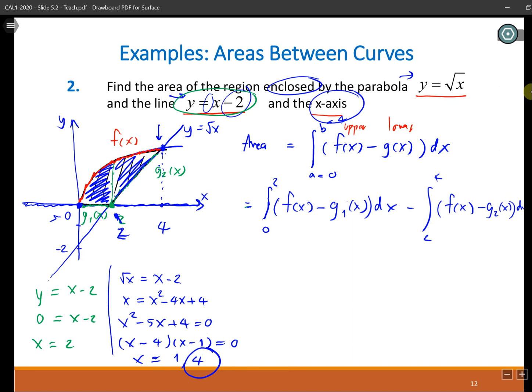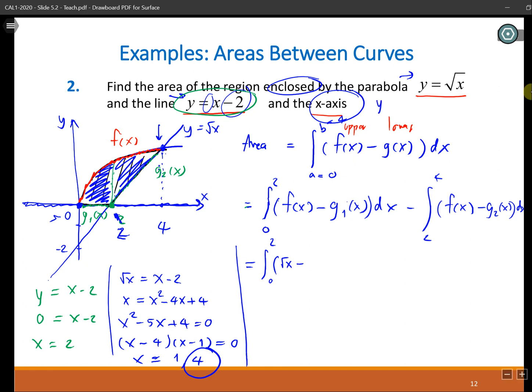Alright, so to get this correctly, you have to split the integration. Now, after this, you can just perform the integration normally. 0 to 2, upper function, square root of x, lower function, x-axis. What is x-axis?